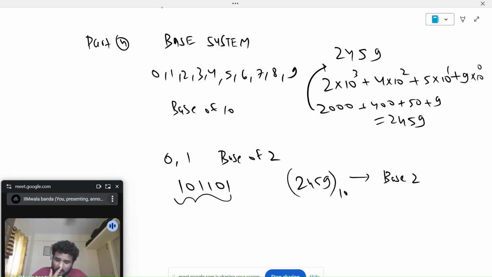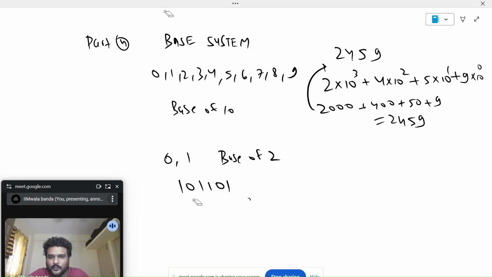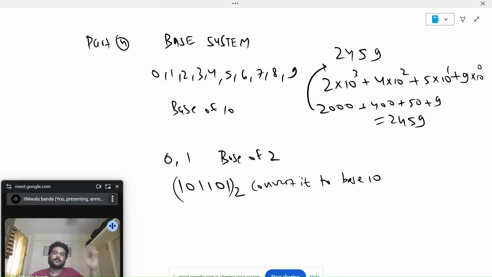Now, for example, I want to see that this number is in base 2. Instead of writing all of this, we will write this, and we want to convert it to base 10. Either we'll convert things into base 10 or we'll convert base 10 into something.